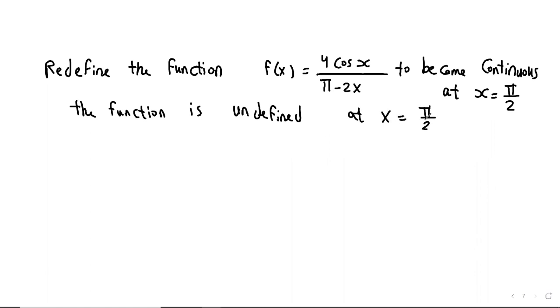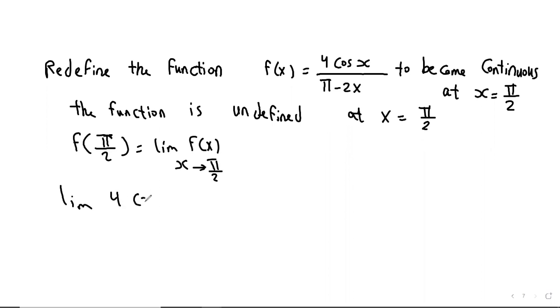Okay, to make the function continuous at x equals pi over 2, it is necessary that f of pi over 2 must be equal to the limit of f of x when x tends to pi over 2. So we are going to find the limit of 4 cosine x over pi minus 2x.